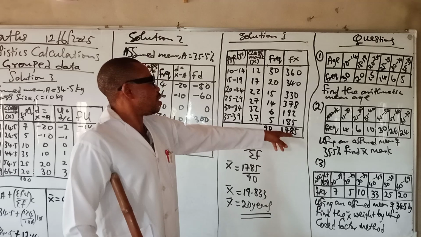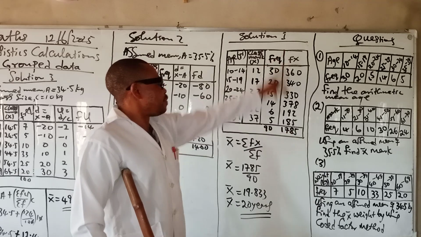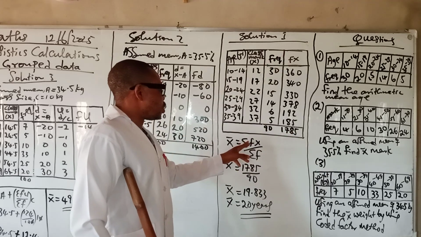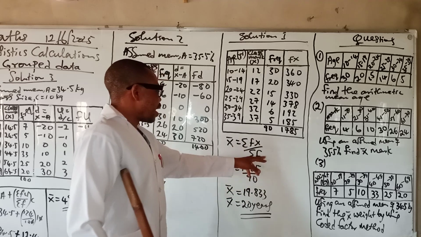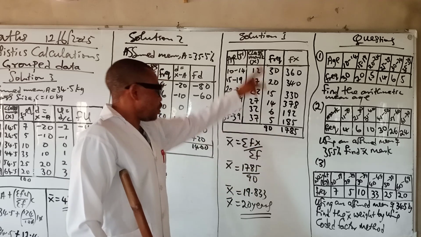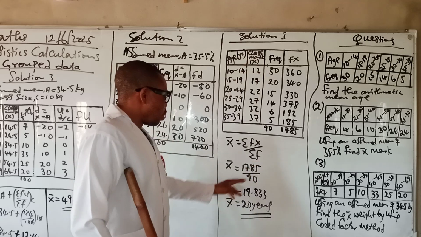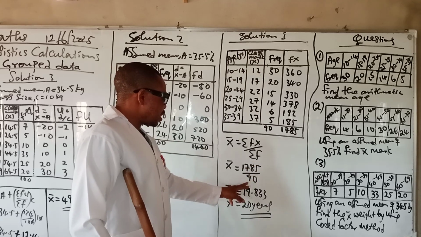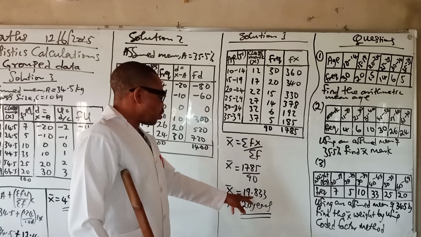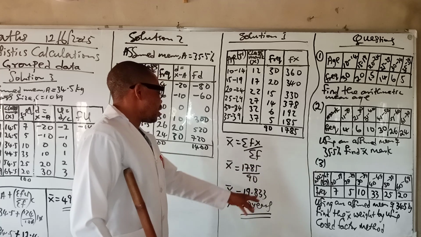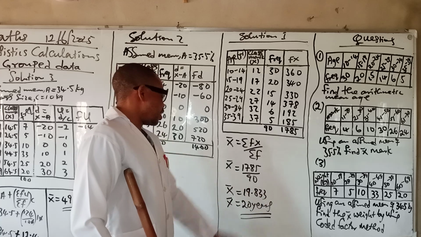We now substitute the total of fx, that is 1,785, divided by the total of frequency, which is 90. When we divide 1,785 by 90, we have 19.833, rounded to 3 decimal places.